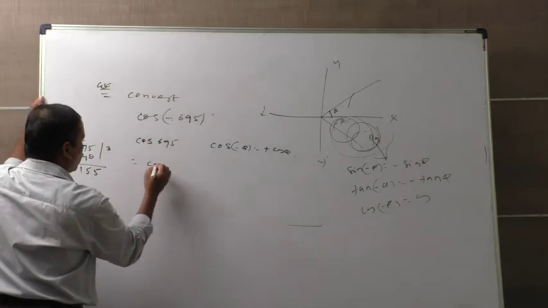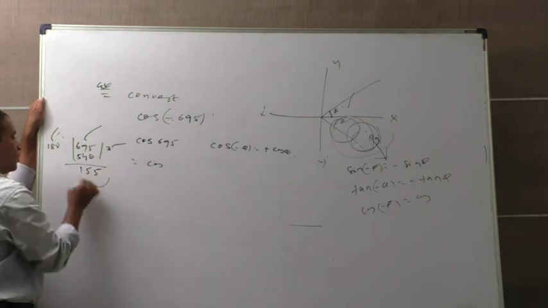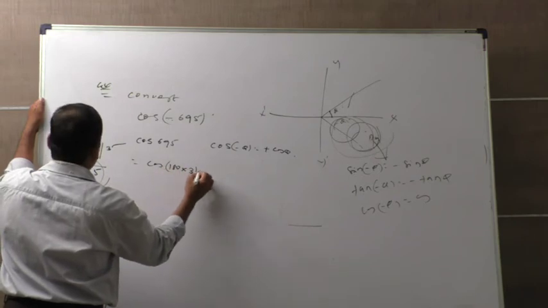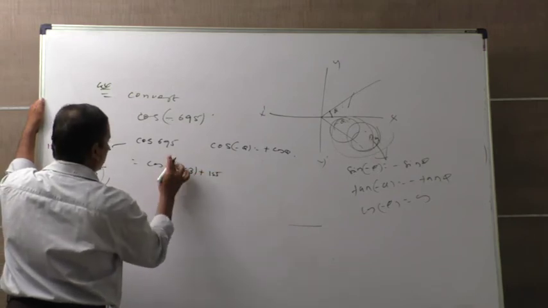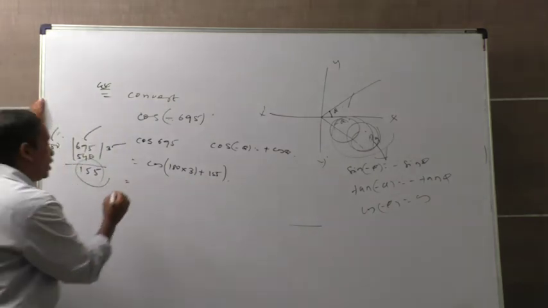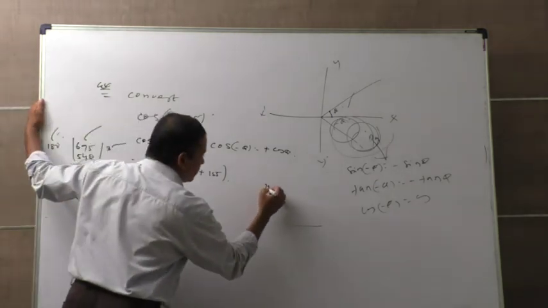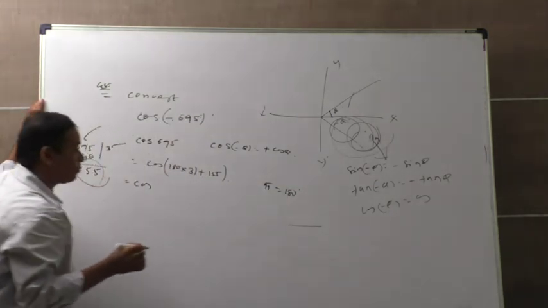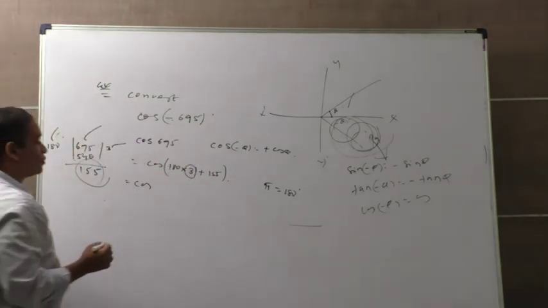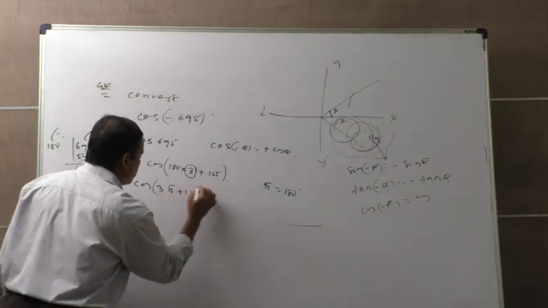So this is dividend equals divisor into quotient plus remainder, that is 180 into 3 plus 155. If you convert in terms of pi, we know pi is 180 degrees, try to understand. Here 3 is the integer n, that is n pi, so 3 pi plus 155.